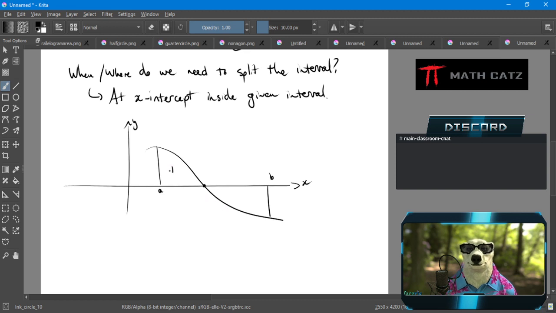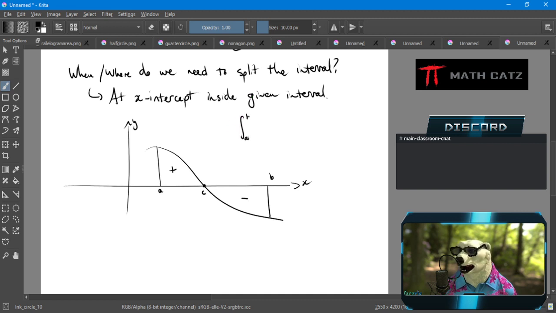And some area might be positive, some area might be negative, and if I do not split it up here at this x-intercept C, my full one-time definite integral is not going to accurately give me the total area between the graph and the x-axis.